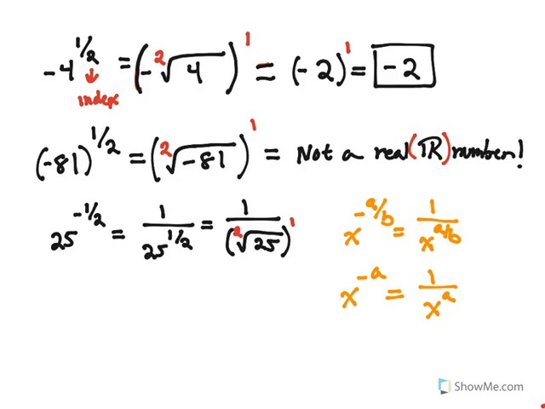And when you do that, that's equivalent to 1 over the square root of 25, which is 5, raised to the first power, and that's equal to 1 over 5. I'm just doing it step by step so you can see every single thing. That way there's no reservation of how I got the answer, okay? So 1/5 is going to be your final answer.